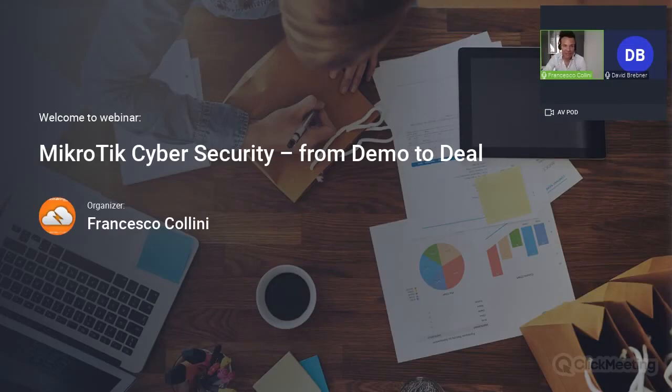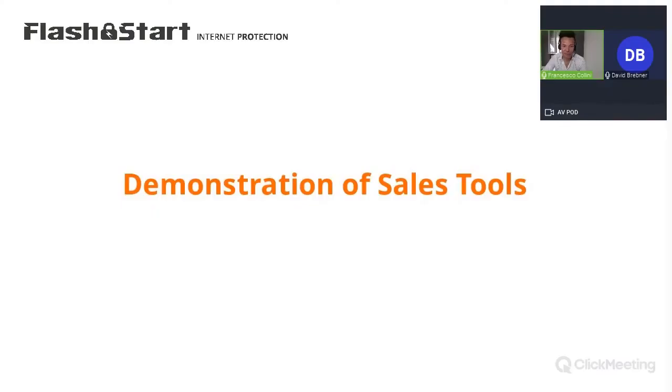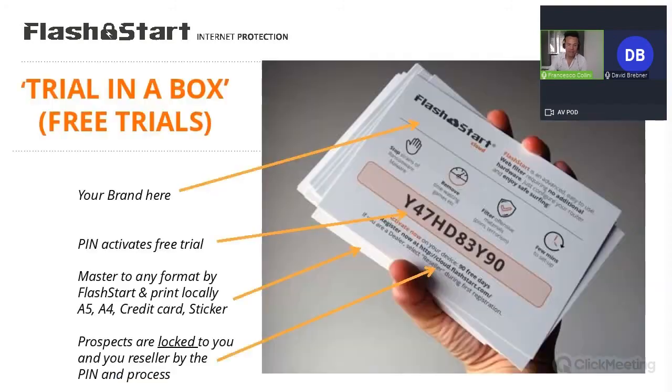And let's do that. Okay, let's keep going on to the presentation, and let's talk about trial in a box. Yeah, so this is the trial in a box I mentioned before. You see the cards, and here you see more clearly the PIN number displayed. You can get these in A5, A4, credit card sizes. You let us know what you want.